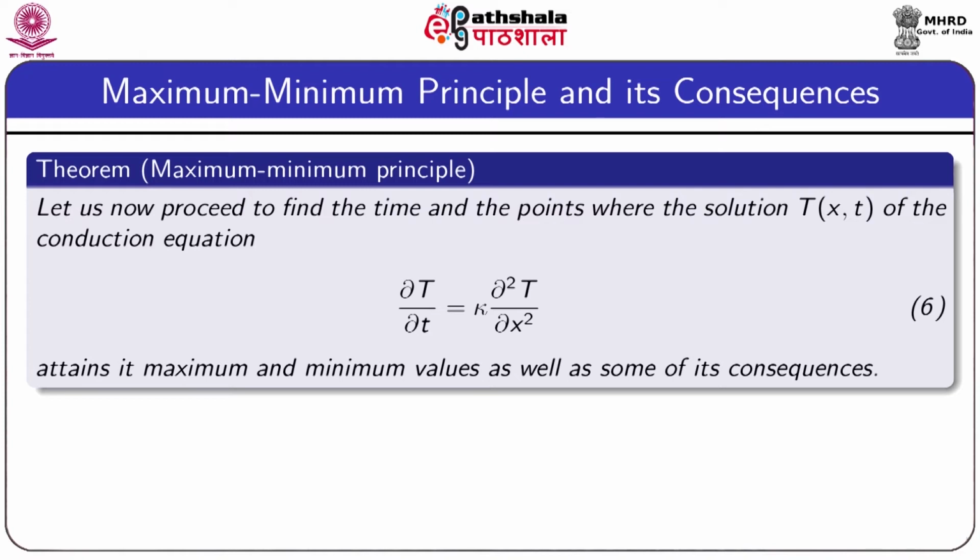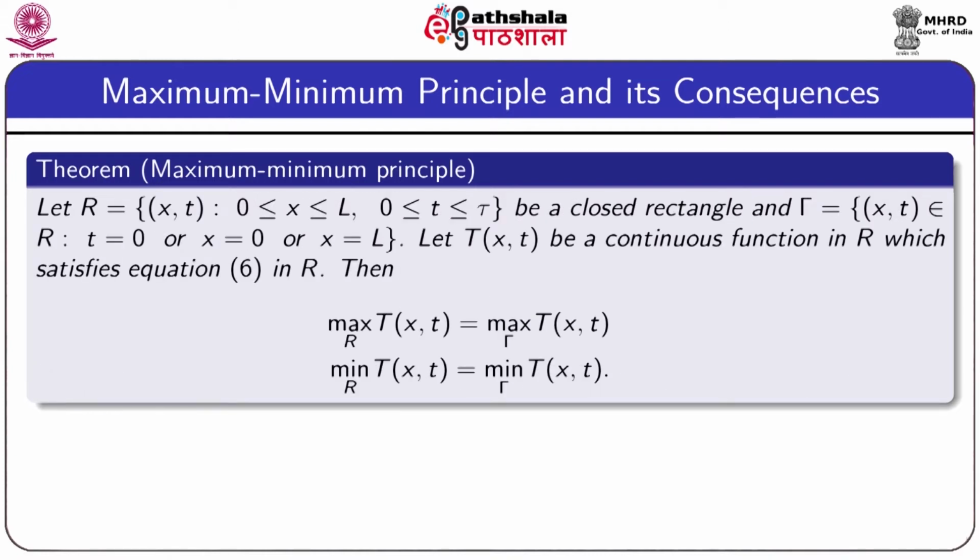The one dimensional heat equation can be written in the form del T by del t equals kappa del 2 T by del x square, which is written as equation number 6. Now, in this principle, we want to find the maximum and the minimum value of capital T which satisfies the heat equation in equation number 6.